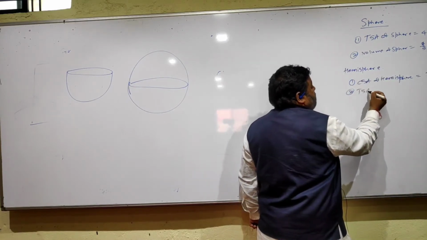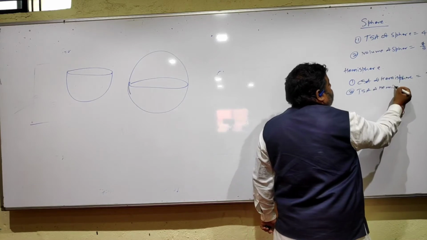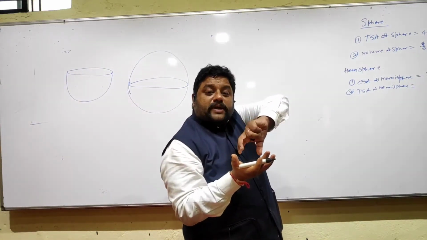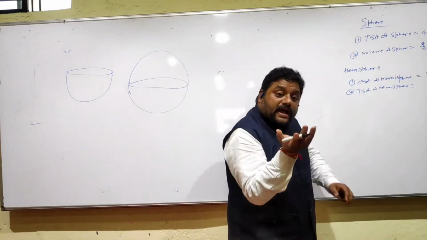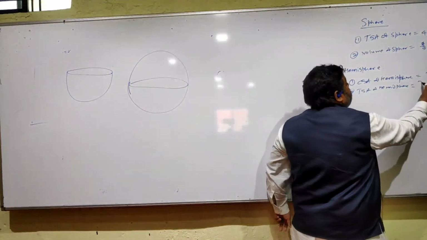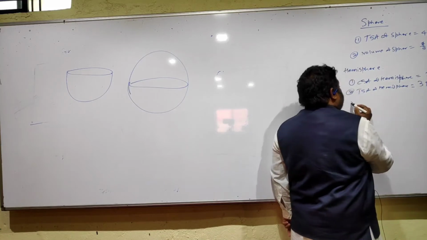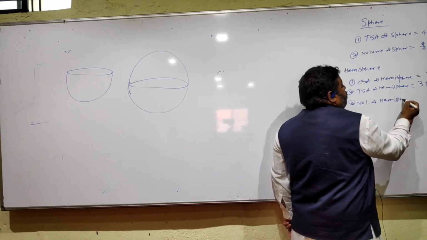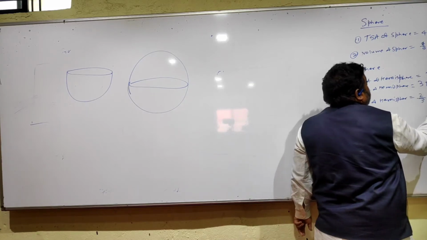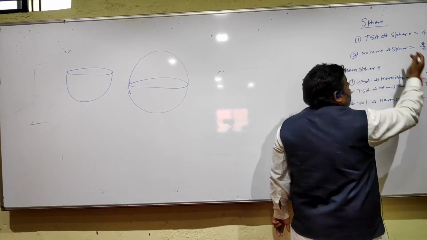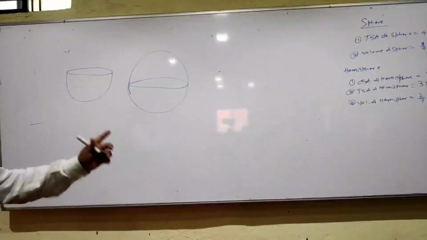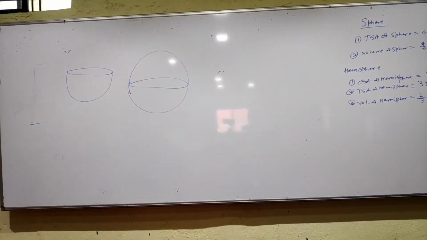And the total surface area of a hemisphere is the CSA plus the circular area on top, 2 pi r square plus pi r square, that is 3 pi r square. And the volume of a hemisphere will be 2 by 3 pi r cube, half of the volume of a sphere. In this way you can write down the formulas, then we'll move to the problems. Yes, make a video, pause and write down the formulas.